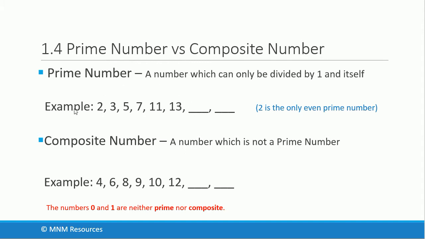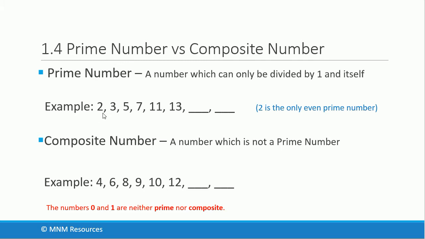So one rule that you have to remember is that 0 and 1 are neither prime nor composite numbers. Let's start with the next number in the sequence, 2. So 2 can be divided by 1 and itself, but can it be divided by any other number? No, it can't. So 2 is a prime number.